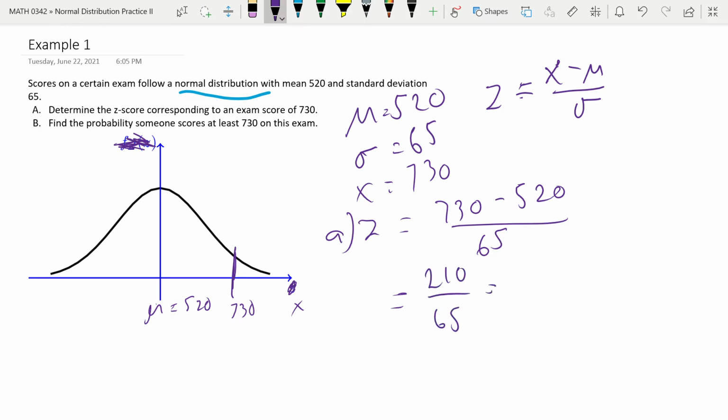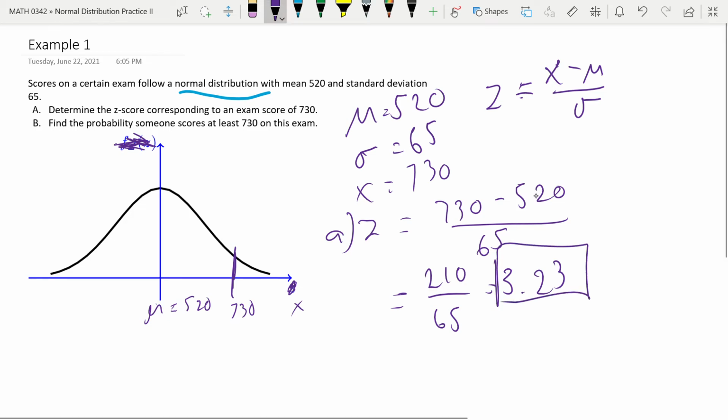Divide that by 65, and we'll round to 2 decimal places. 210 divided by 65 to 2 decimal places is 3.23. So that's the first part answered. We have the z-score. A score of 730 corresponds to a z-score of 3.23.